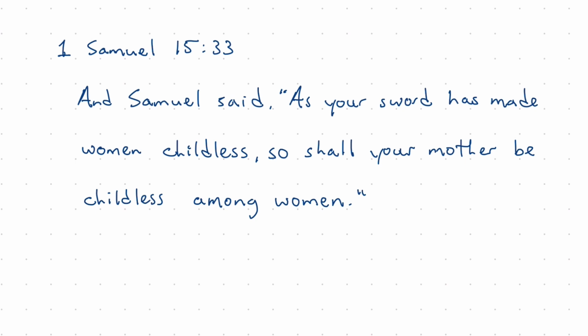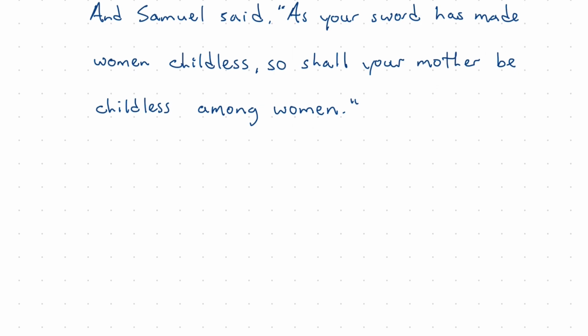So, as your sword has made women childless, so, second proposition, shall your mother be childless among women. That's the second proposition. So really there are two propositions here. So let's begin to diagram this out.